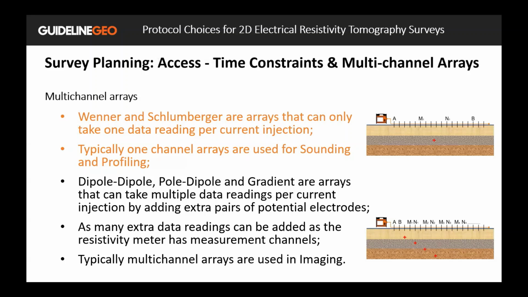Whereas for dipole-dipole, for example, I might be able to do 1,500 readings, and I might be able to do that with just 150 current injections if I've averaged 10 channels per current injection. So it massively speeds up data collection, and that's why things like dipole-dipole and gradient are very commonly used for electrical resistivity tomography, and Wenner and Schlumberger are more commonly used for VES.